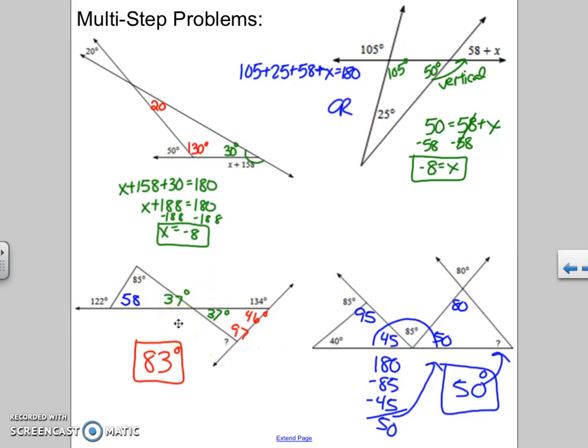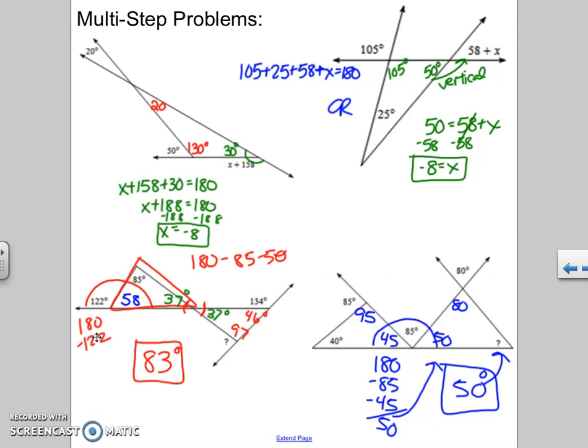Down here I did a lot of math. So first off, I did a linear pair right here and did 180 minus 122 to get 58. So then I had a triangle, and I did 180, take away 85, take away 58 to give me 37 down here. I bumped 37 over here because it was vertical.